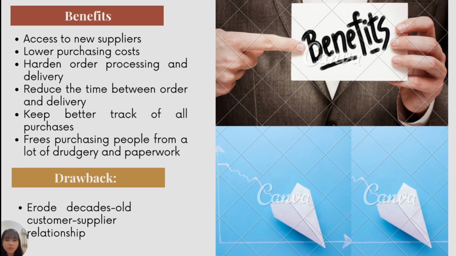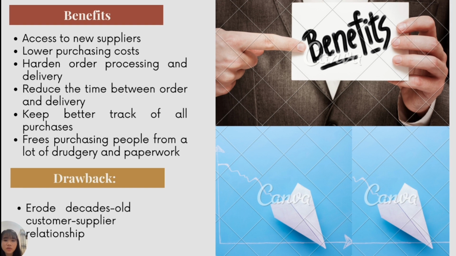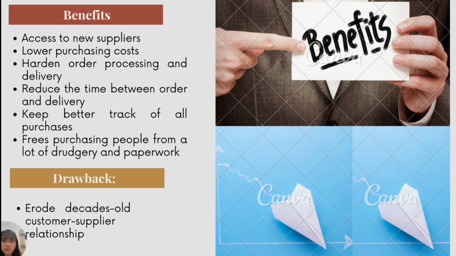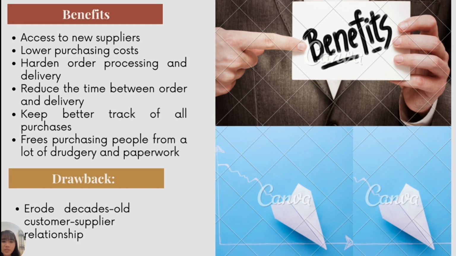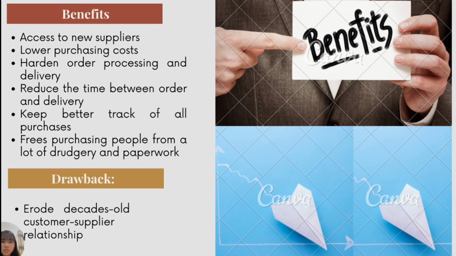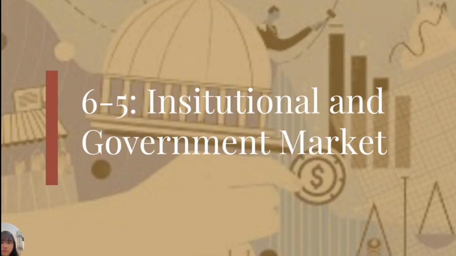It frees purchasing people from a lot of drudgery and paperwork, instead focusing on more strategic issues. However, it has a negative impact on relationships, such as eroding decades-old customer-supplier relationships.